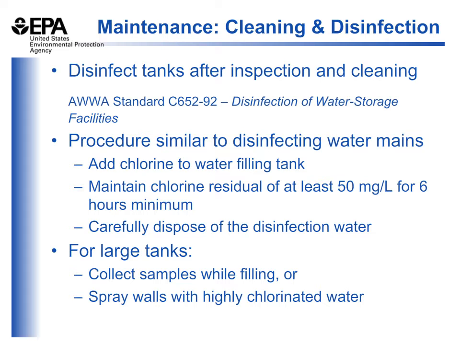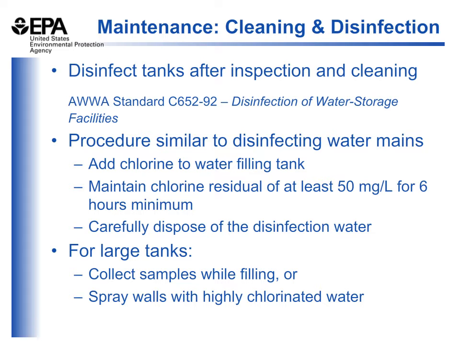But if you have a larger tank, perhaps over 1 million gallons, the process is not efficient and could be costly in chemicals and interrupt operation. In that case, what you could do is spray the walls with a jet of water containing a chlorine residual that would be higher, maybe around 200 milligrams per liter. And once the tank has been sprayed, allow it to stand unused for approximately 30 minutes before filling it.